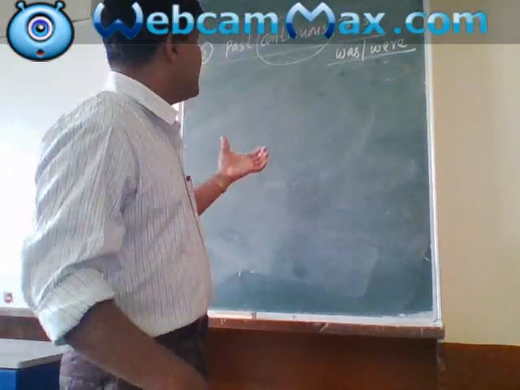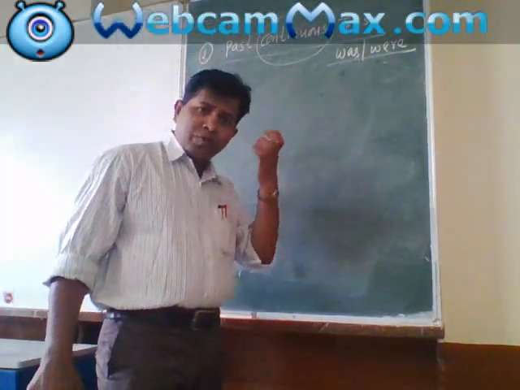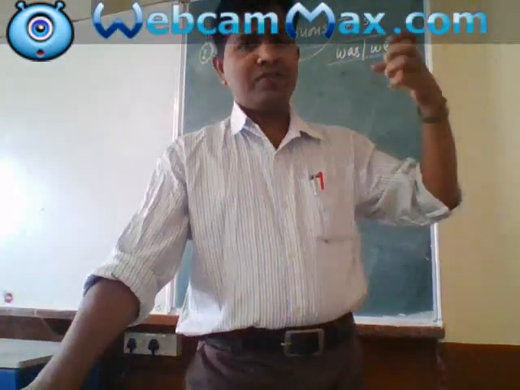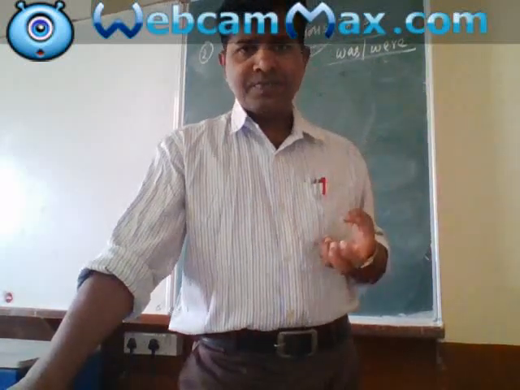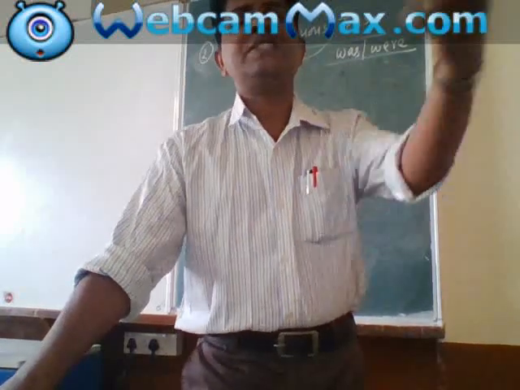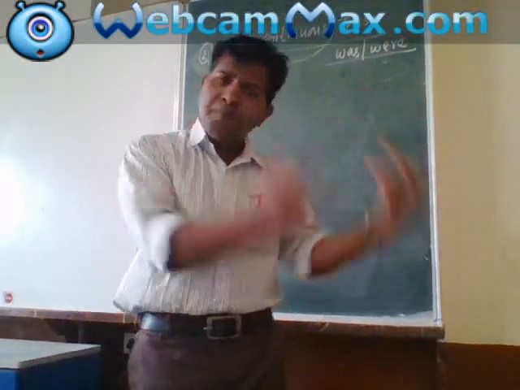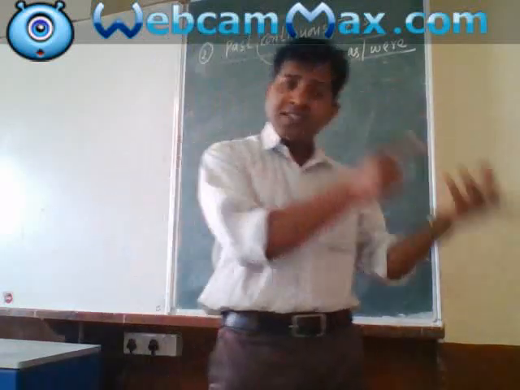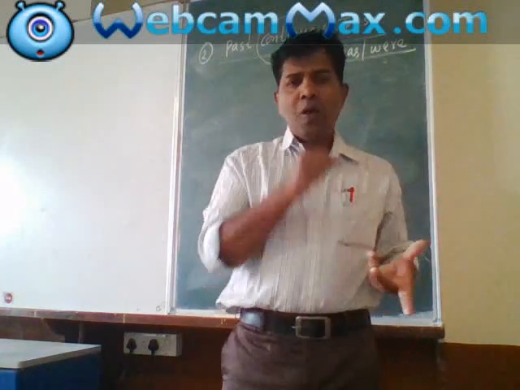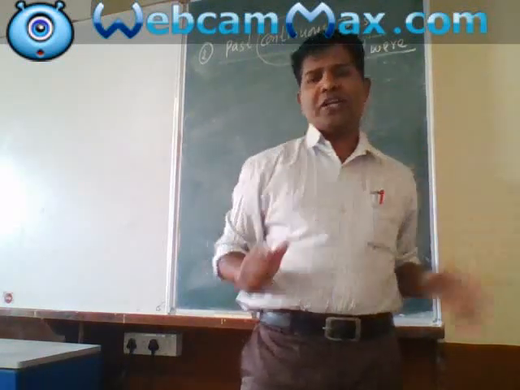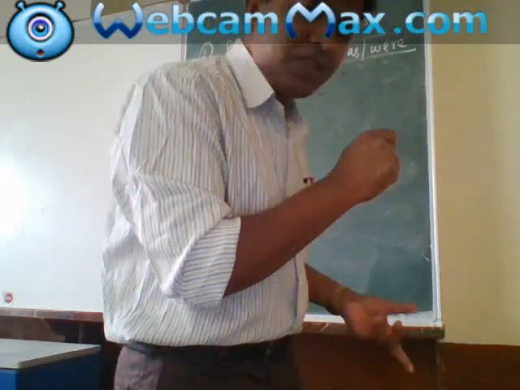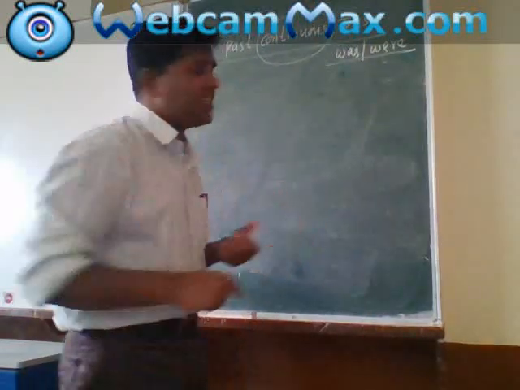Now I explain to you. When the action was going on, was in progress in the past, then we use past continuous tense. It means the action completed, but for some time it was going on. It was in progress. Then we use past continuous tense.